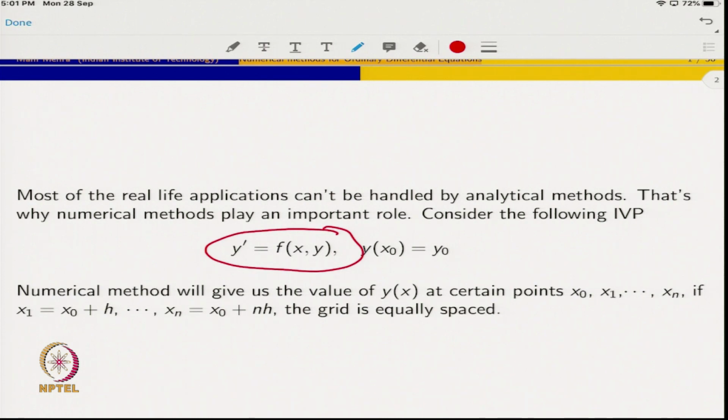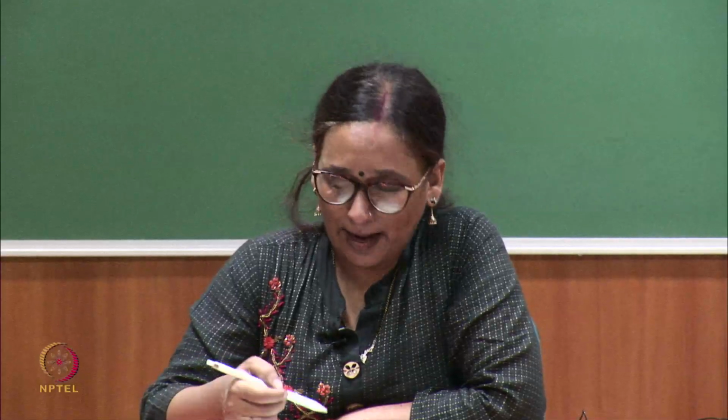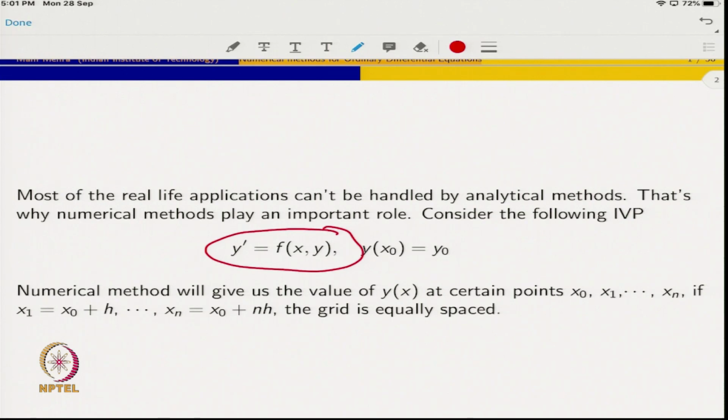From a mathematical point of view, y is a dependent variable and x is an independent variable. So, in real world applications, whenever we want to see the behavior of many physical quantities with respect to another quantity, which is x here, we model real life applications with a set of differential equations.